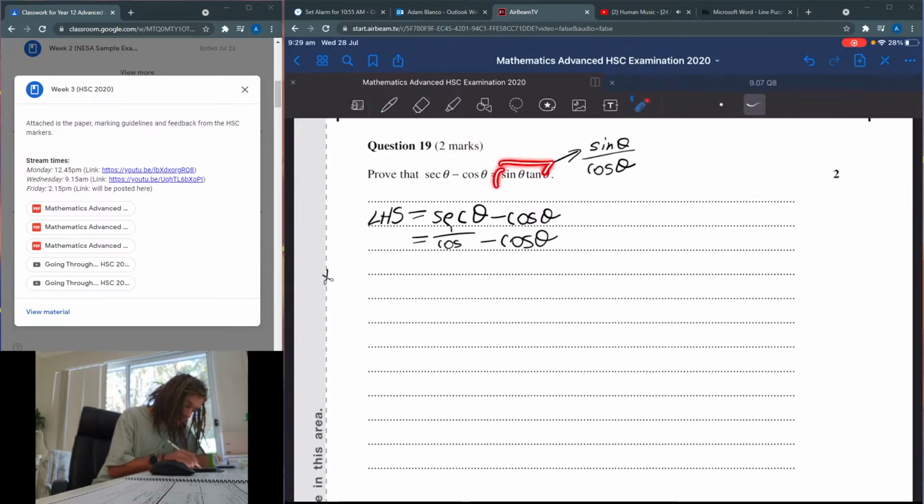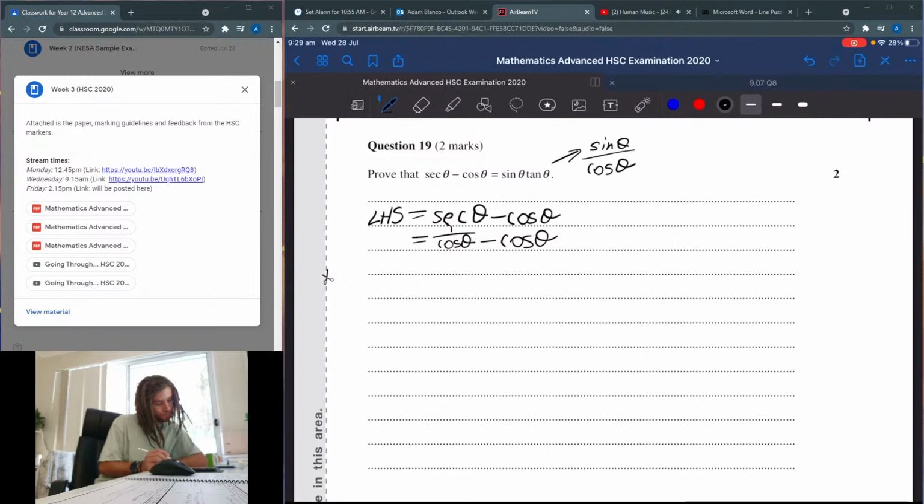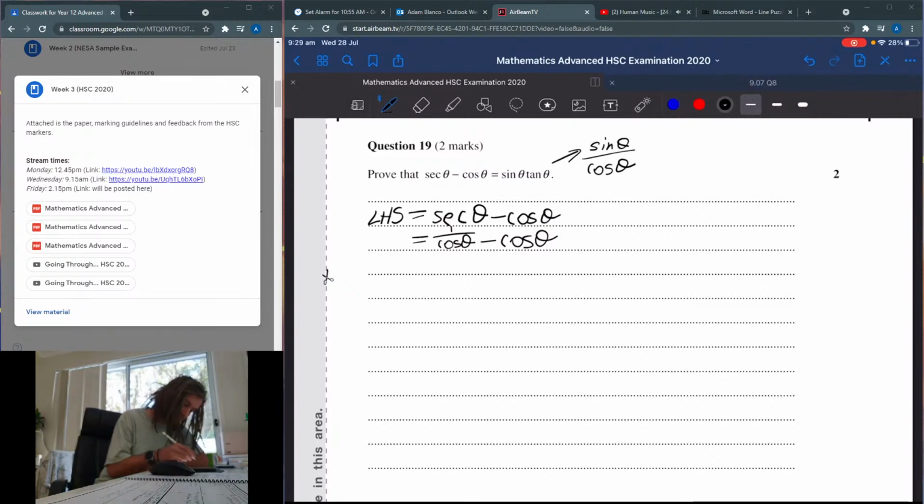Now I've got 1 term here, I've got 2 terms here, so let's join these. I'm going to cross multiply, I forgot my theta. I'm going to rewrite the second one, times the top and the bottom by cos theta, so cos squared theta on cos theta. So all I did was go over cos, and then I squared this.